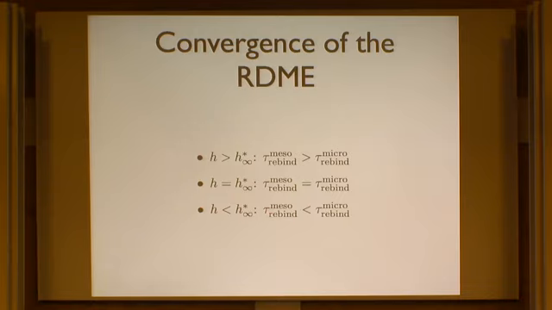So we can't really expect to get more accurate results if we refine the mesh below this lower bound, independently of KR. That's in the general case. I'm sure you could come up with examples where it does, but in general, you won't approximate the microscopic dynamics better for H below this lower bound.